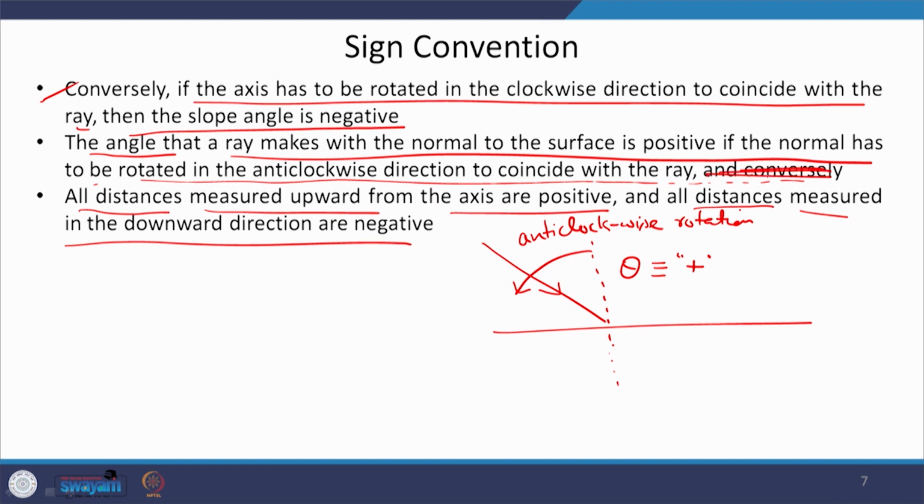This is not of any use here, because if there is some object which is upright, then this distance would be positive, and if the object or image is facing downward, then the height or the depth would be a negative quantity. Make a point that here the rotation is in anti-clockwise direction, therefore, the angle is positive. If it would be in clockwise direction, the angle would be negative.